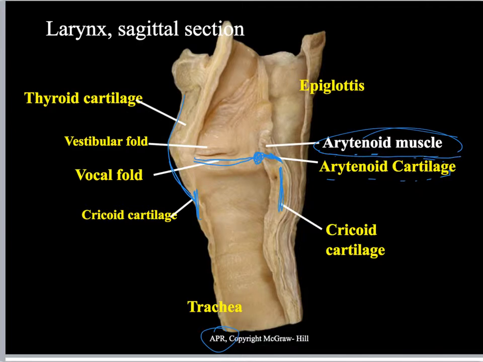And then on the top, you have the vestibular fold, okay? So this right here is your epiglottis. And so then this is the pharynx, this is the larynx, and this is the trachea, and this is the esophagus. Okay, let's go to the next slide.